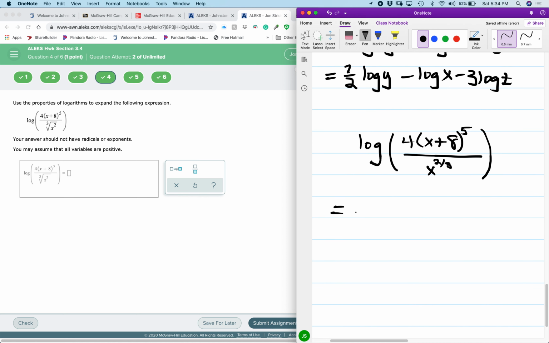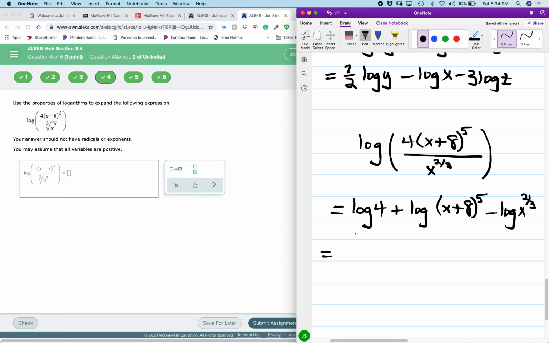And upon expanding, anything that is at the top will correspond to a positive logarithmic term. So we have the logarithm of 4, plus the logarithm of the quantity x plus 8 to the 5th, and since x to the 2/3 is at the bottom, we have minus the logarithm of x to the 2/3.